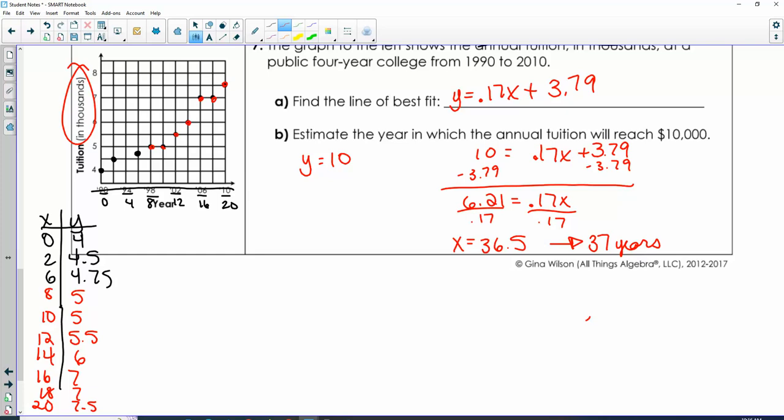Depending on how you set it up, if you hadn't used the zeros, your answer would have been the actual year. So if it's been 37 years, another way to think about it, if you started in 1990 and you add 37 years to that, that would be during the year 2027. So if you hadn't changed your x's, if you had just used the 94, 98, 102, and all those, you would have got 2027.